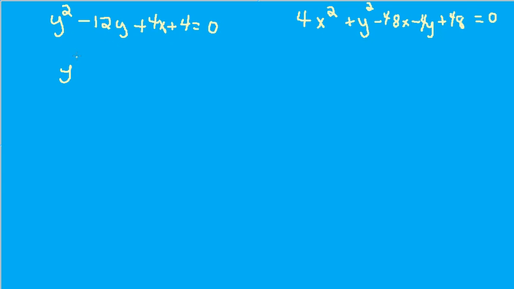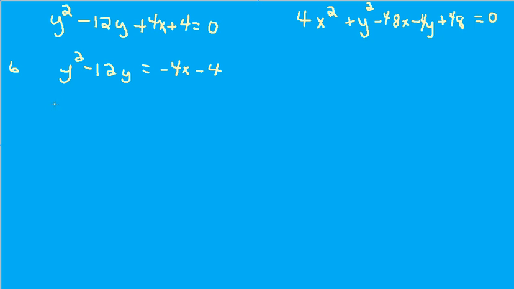So now we're going to have y squared minus 12y equals negative 4x minus 4. Okay, and we want to put it in the correct form. We want to complete the square here. If you remember, take negative 12, half of it, which is 6, really negative 6, and then you square negative 6, which gives you 36.